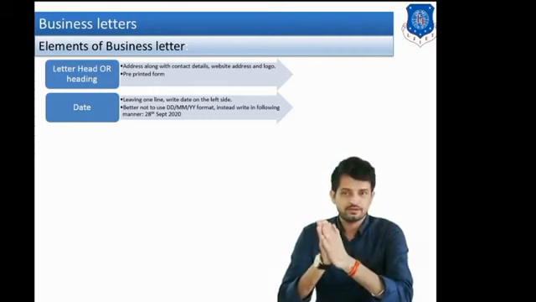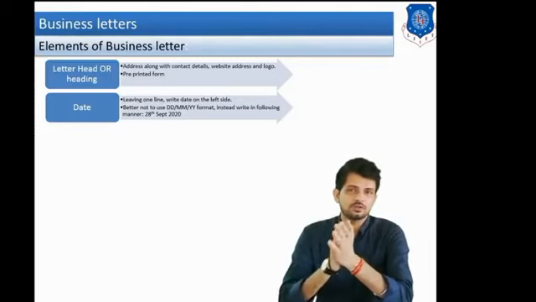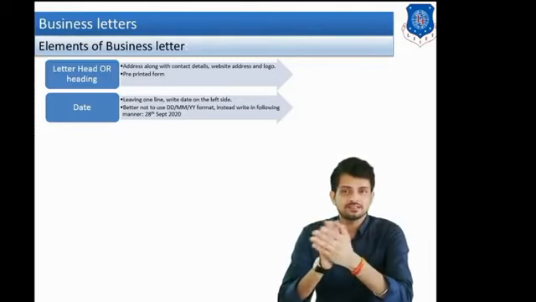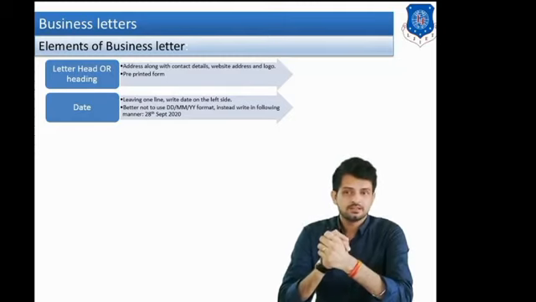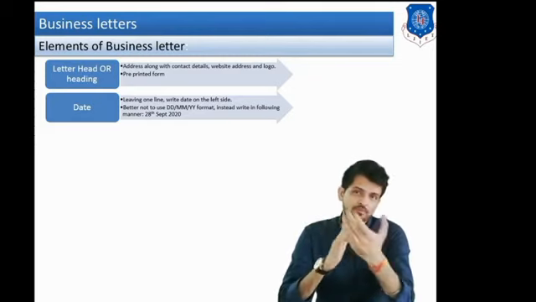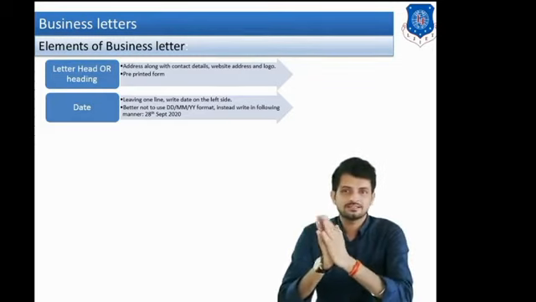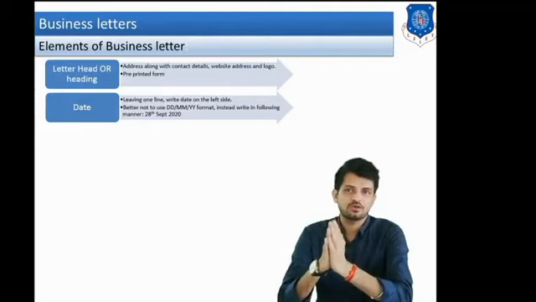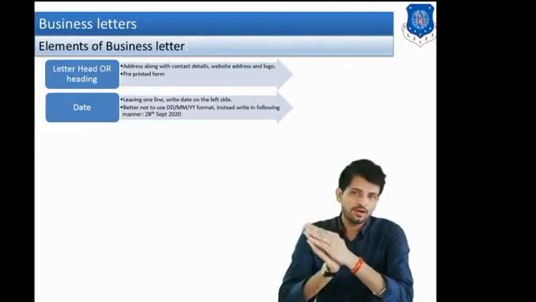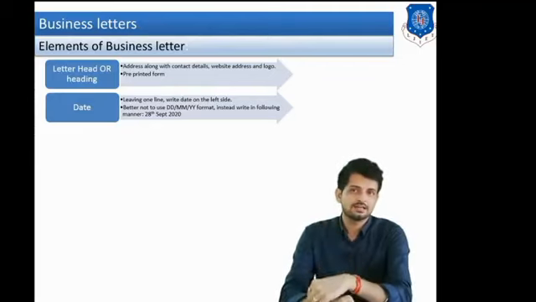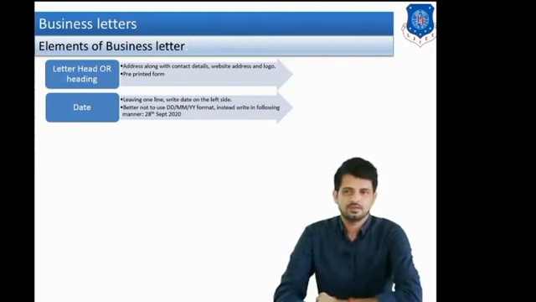For example, you can write 28 September 2020 rather than 28/9/2020, because in some countries the format of writing the date is different. In some countries the MMDDYY format is followed, while in some countries the DDMMYY format is followed. So to avoid confusion, we have to write the date in a simple way.